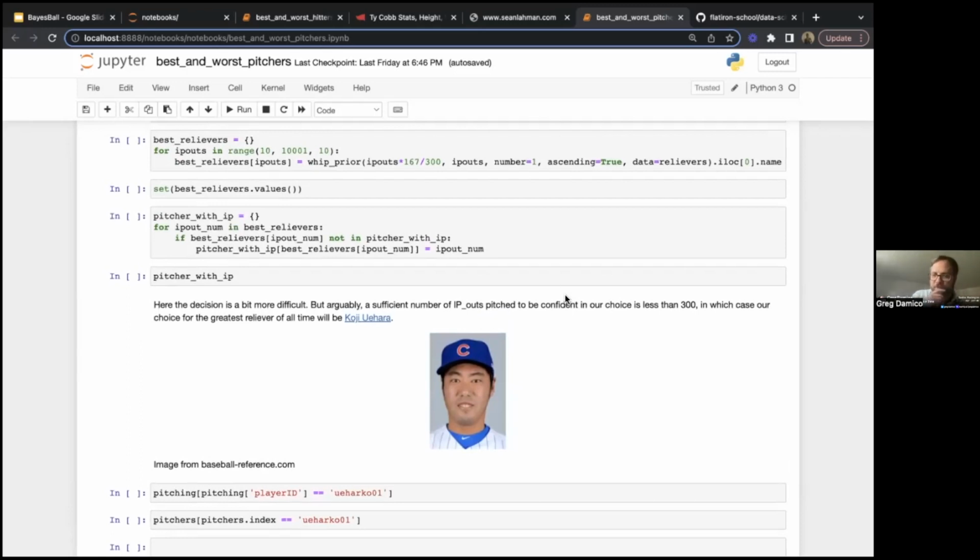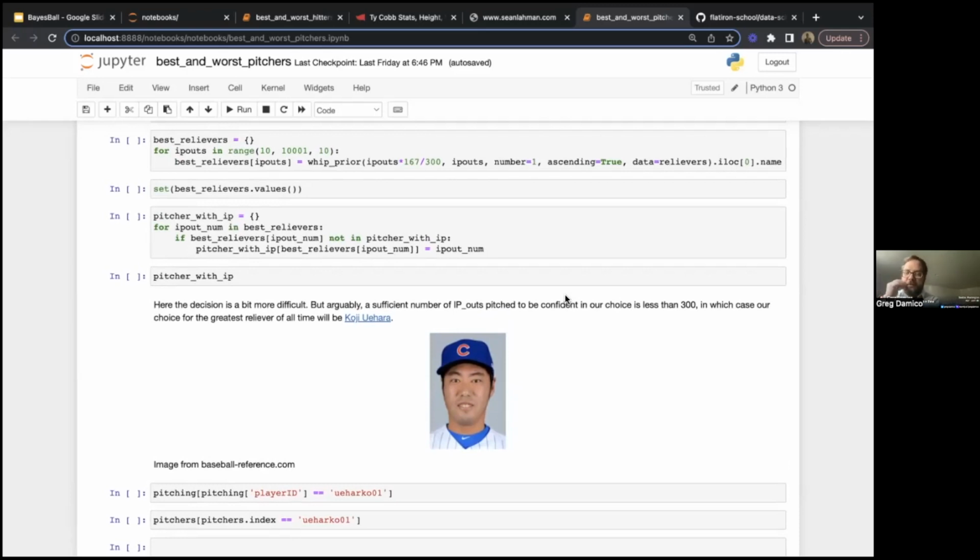Robert's asking about positions, players who pitch, or two-way players. Yeah, that's a good question. We don't have a good answer to that right now. If we were looking for our worst hitters or best hitters, and we said, well, let's not include pitchers, Shohei Ohtani would get cut out of that conversation.